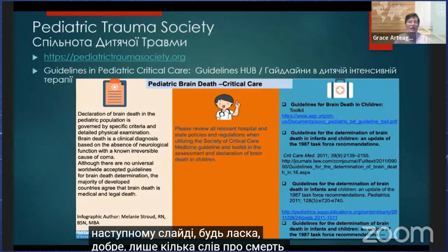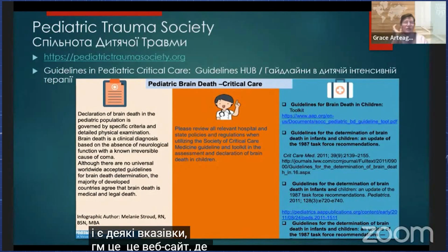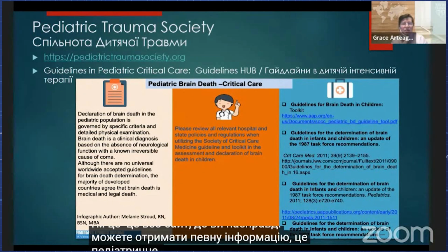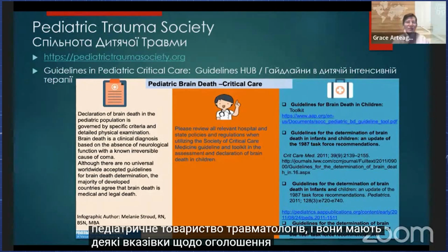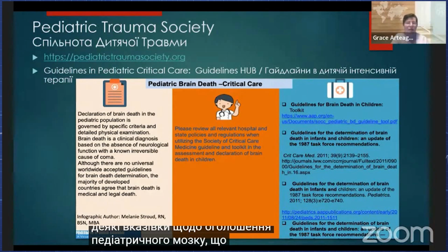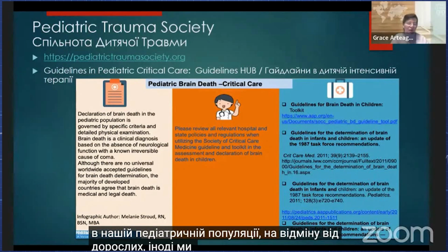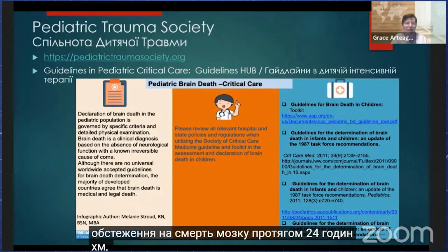Just a few words about brain death, and there are some guidelines. This is a website where you can get some information. It's the Pediatric Trauma Society, and they have guidelines for declaring pediatric brain death in our pediatric population. Unlike adults, sometimes we require 2 brain death exams within a 24-hour period.